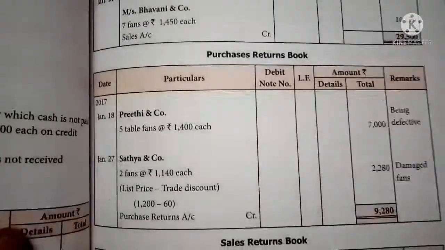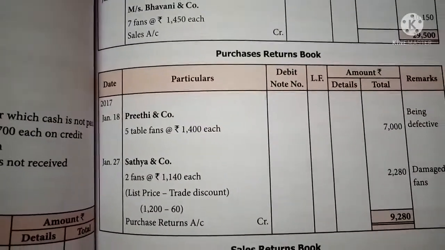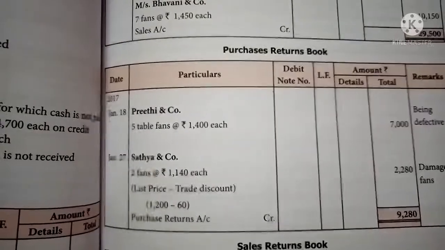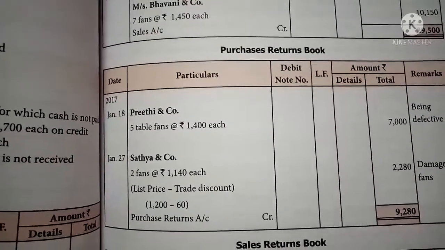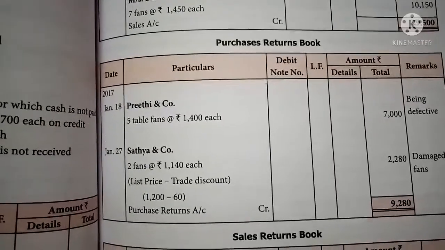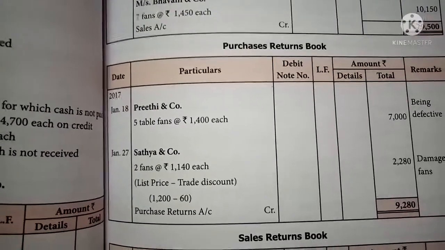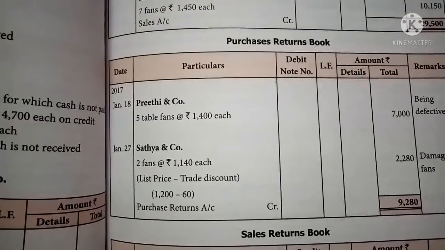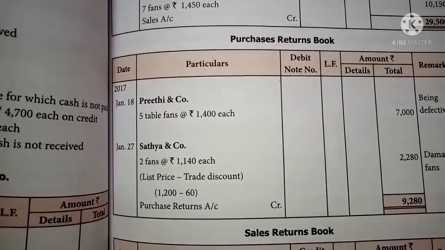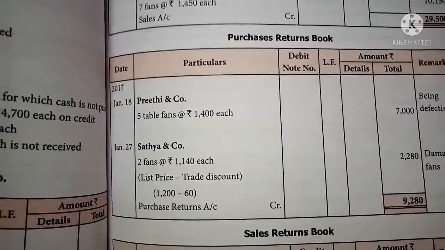Then the purchase returns book. As per the specimen, you can maintain the columns. From the given problem, take all the credit purchase returns. Credit purchase returns: January 18 to Preeti & Co. We are returning 5 fans, table fans.